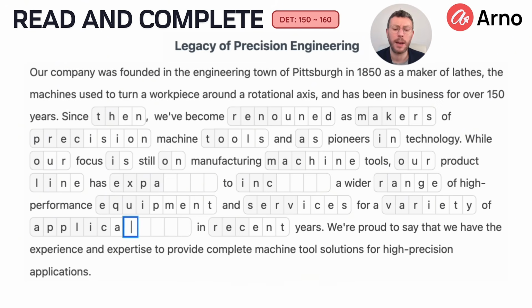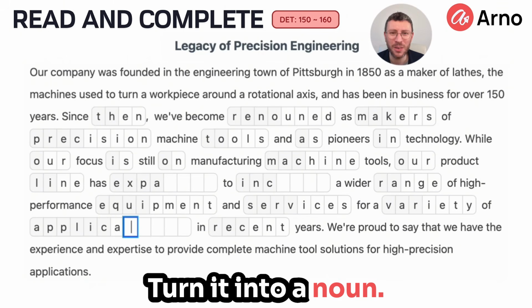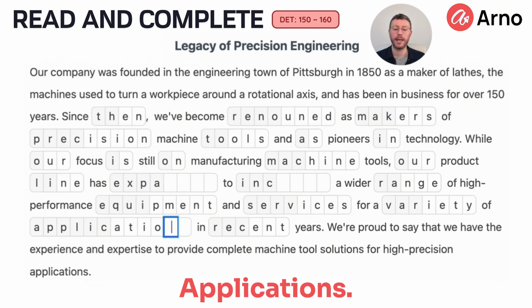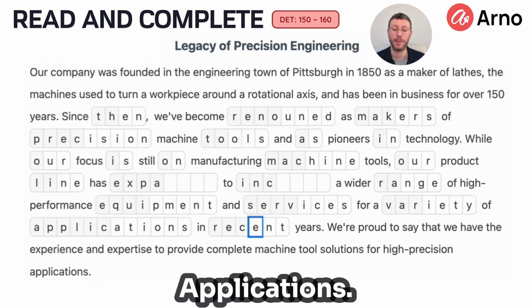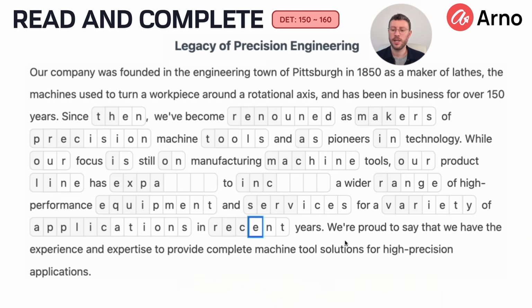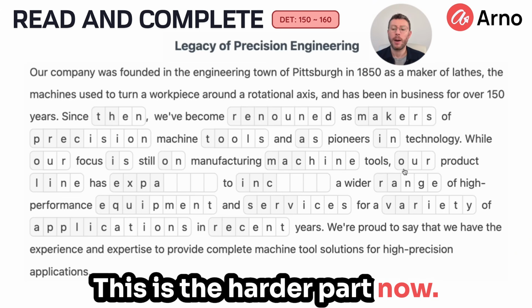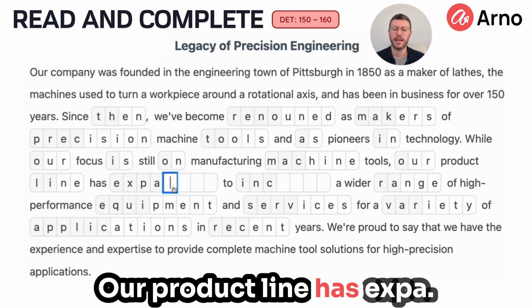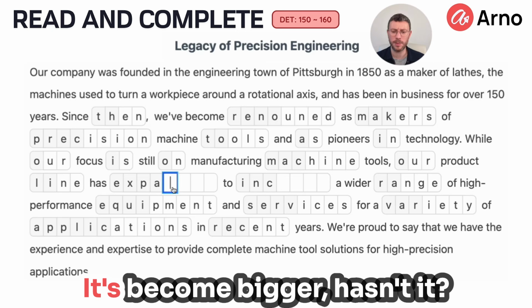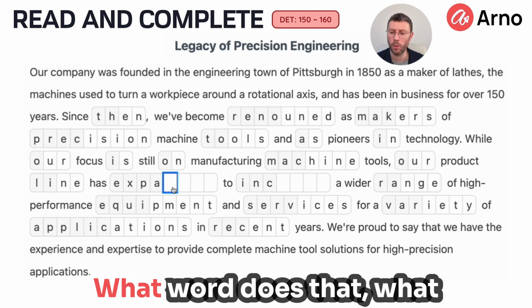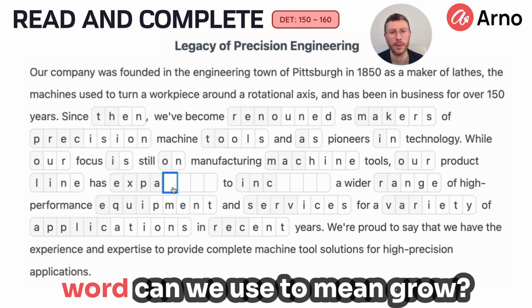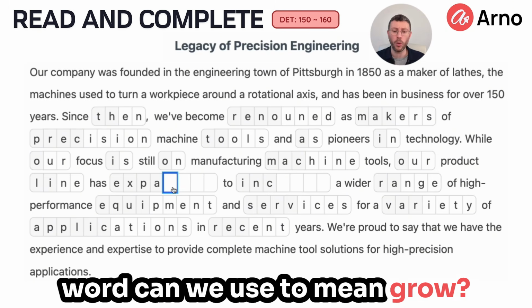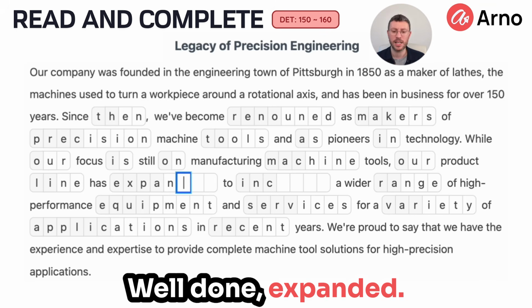Applique, turn it into a noun. Well done. Applications. This is the harder part now. Our product line has become bigger, hasn't it? What word can we use to mean grow? Well done.